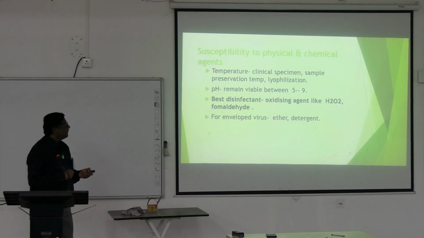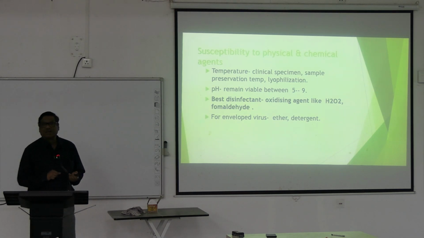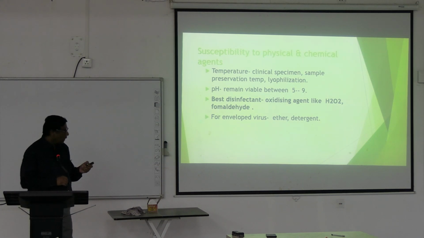But the best disinfectant is an oxidizing agent, hydrogen peroxide and formaldehyde. During the COVID time, 1% hypochlorite was the main sterilizing agent we often used in our laboratory and the COVID lab. So hydrogen peroxide is the best of all.